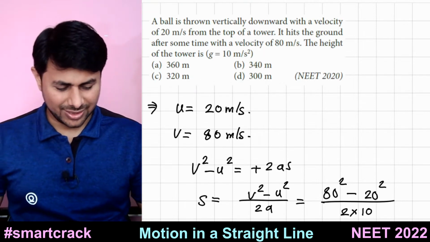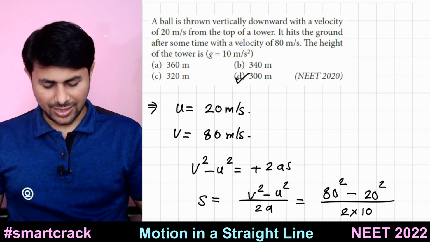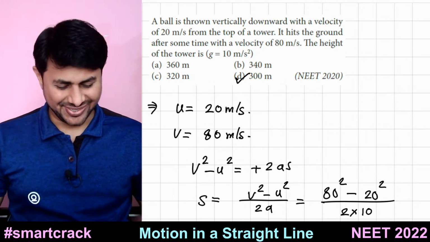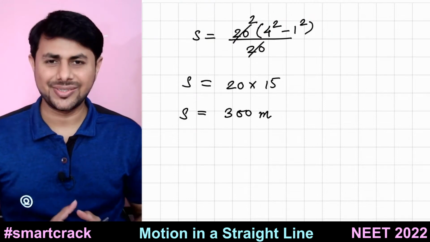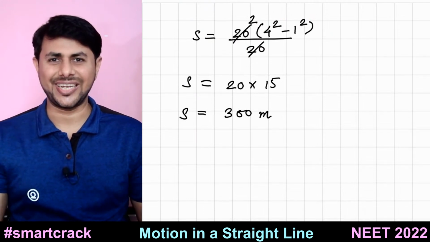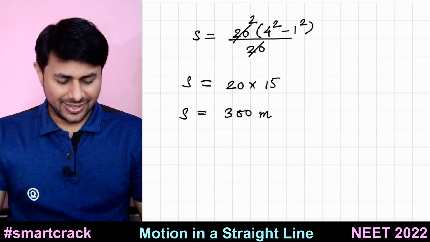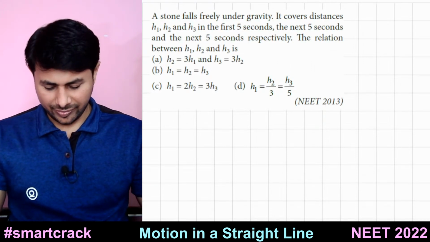So I'm sorry for the silly mistake. So answer is 300 meters. Yeah, it was a very simple question, but my silly mistake. All right, let's move on to the next question.